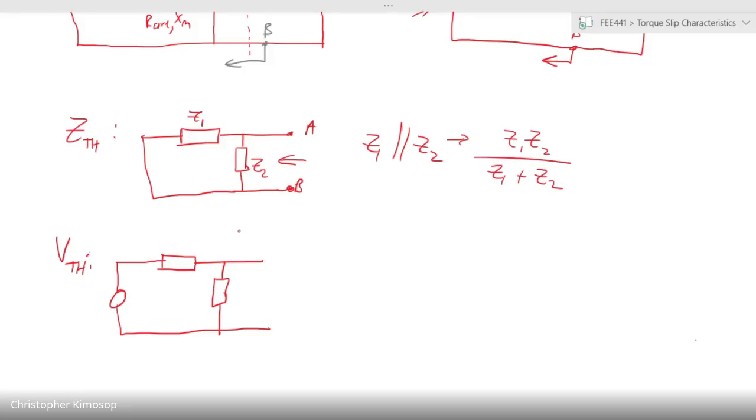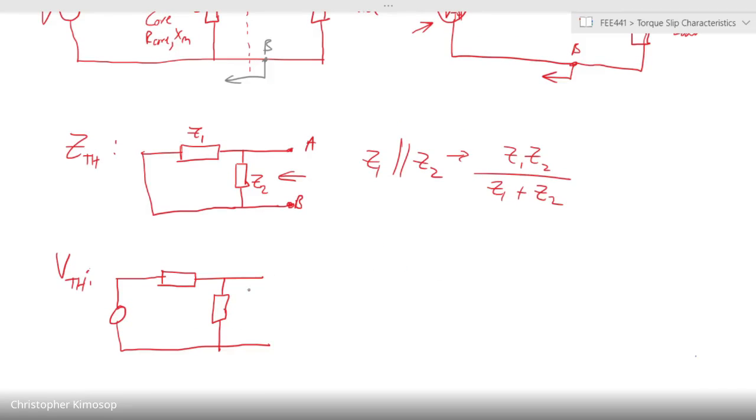Across here we have our Thevenin voltage, looking once again through point A and B, and it is supplied by our voltage there. We have Z1 and Z2. This we can redraw. We don't do anything at all to the circuit. However, we can redraw it so that it looks like a familiar kind of circuit that we are used to.